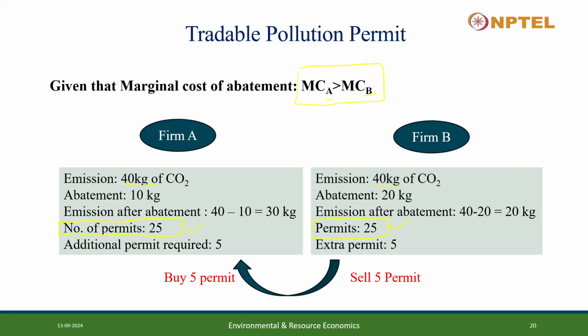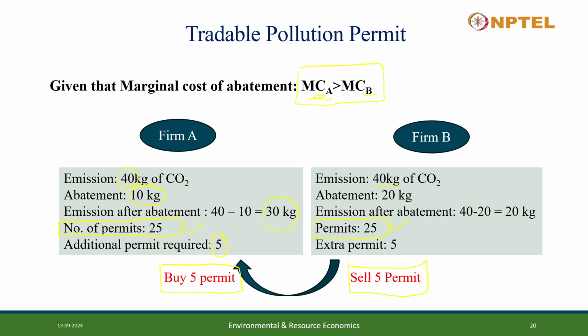So firm A has higher marginal cost and firm B has lower marginal cost. So if the firm has to reduce from 40 to 25, what will the firm do? Firm A will abate only 10 and then it gets a net emission of 30, right? So the 5 additional permits it will buy from the cheaper marginal cost plant, that is plant B. So firm A will buy 5 permits from firm B and firm B will sell 5 permits.